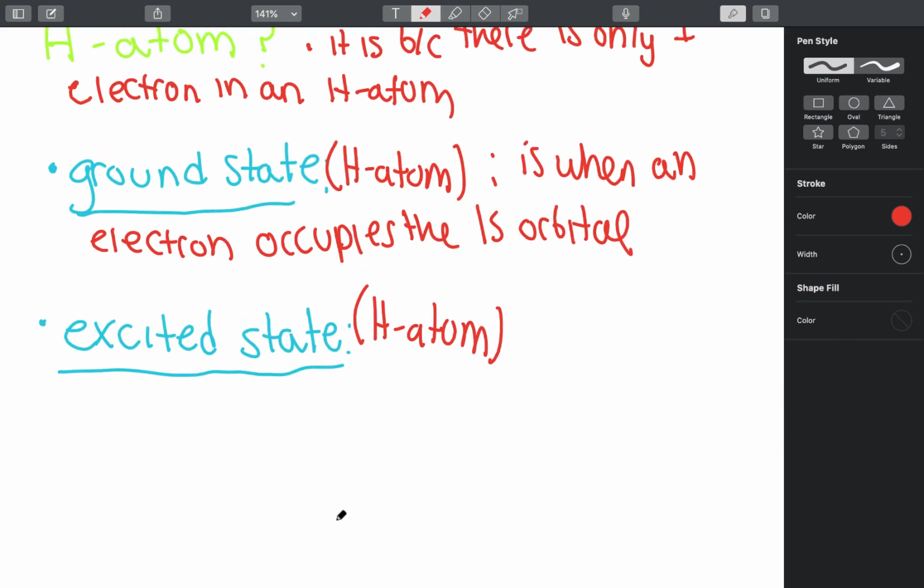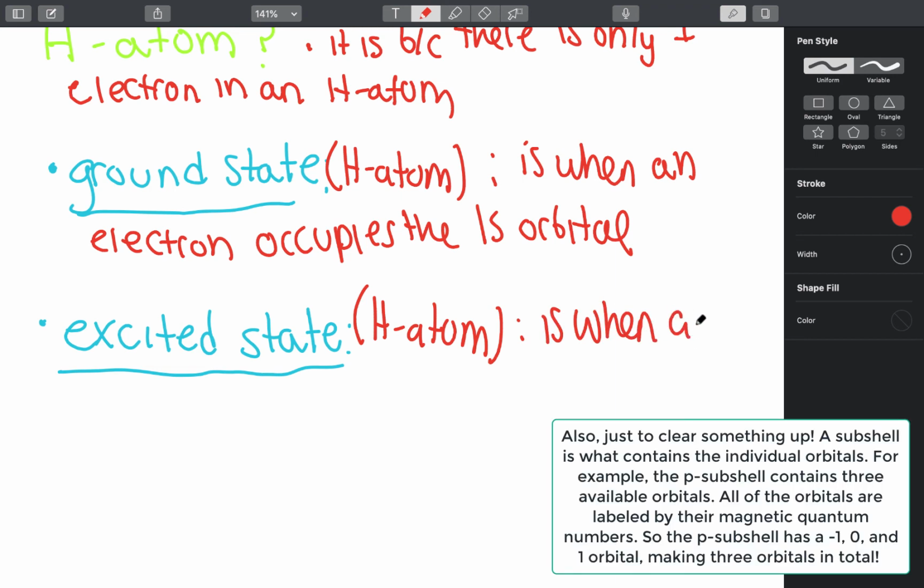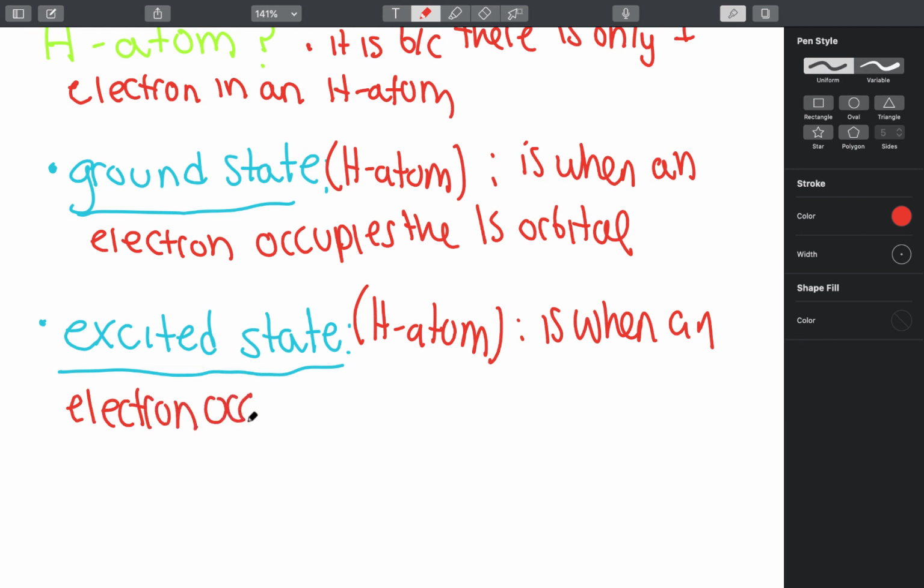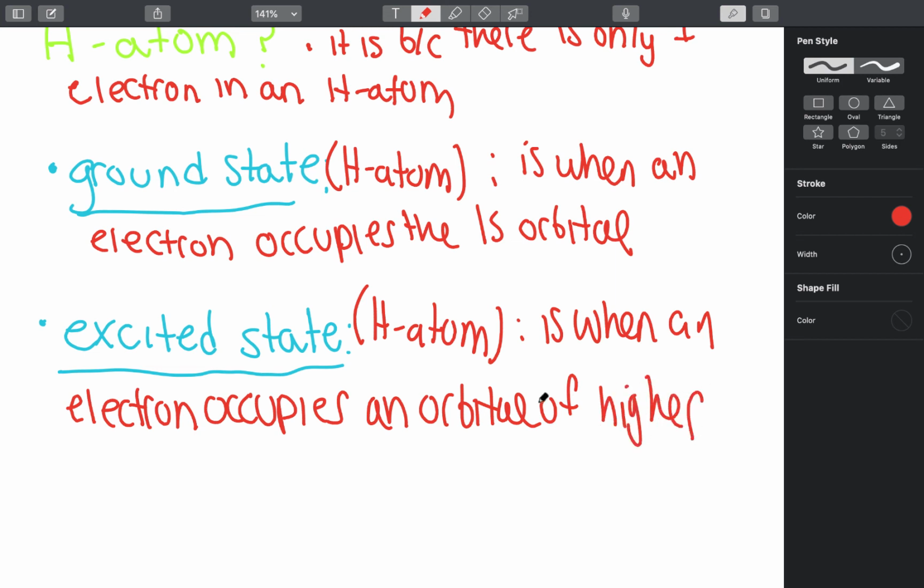The excited state is when an electron occupies an orbital of higher energy than the 1s orbital.